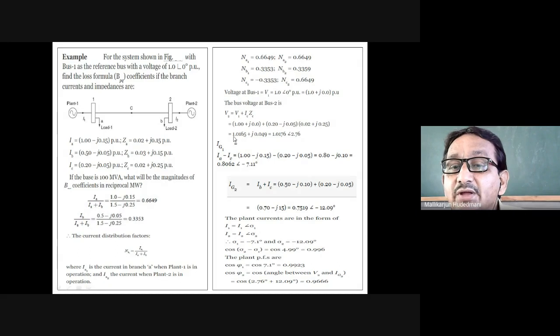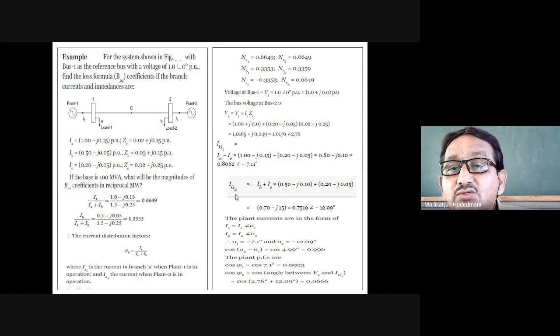This becomes V2. Then the total injection from the Gen 1 side, you can see, is IA minus IC. Correct? IA minus IC.